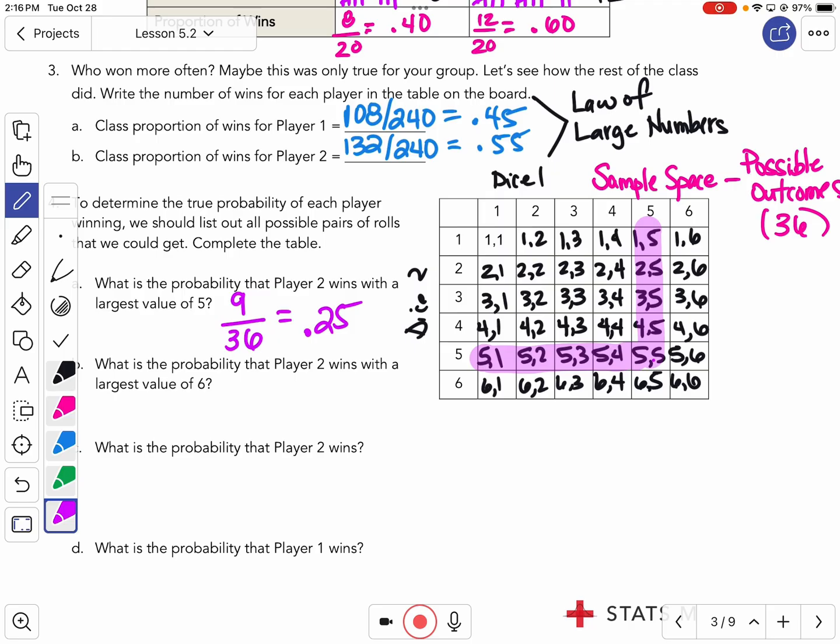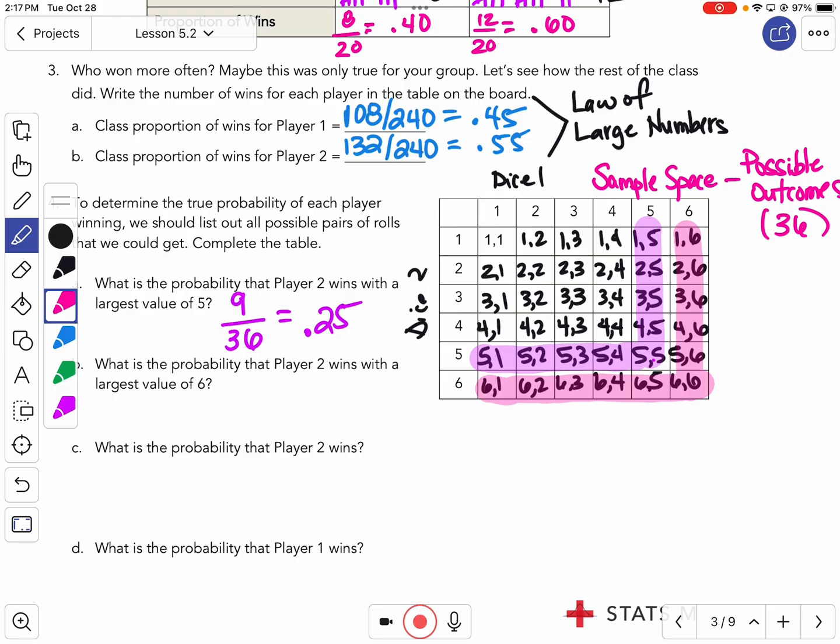This time I want the probability that I'm going to win with a largest value of 6. So let's look at these. Where is the 6, the largest value? Is there anywhere else that 6 is the largest in that chart?